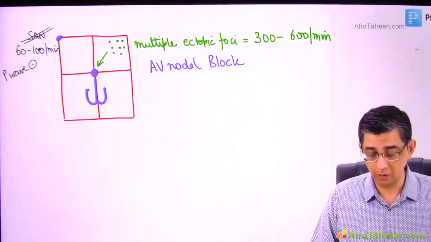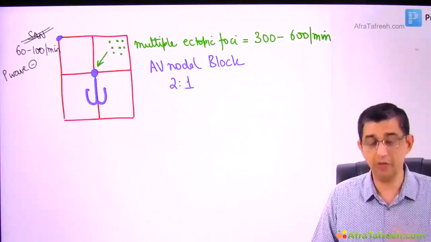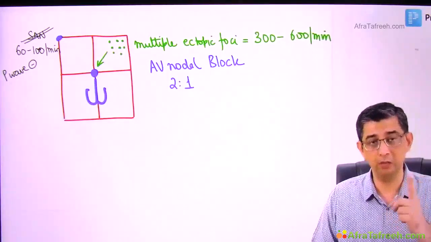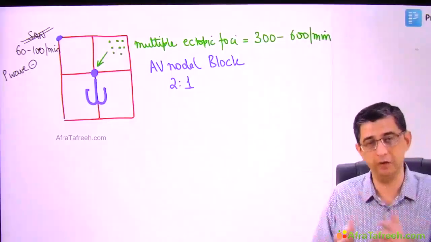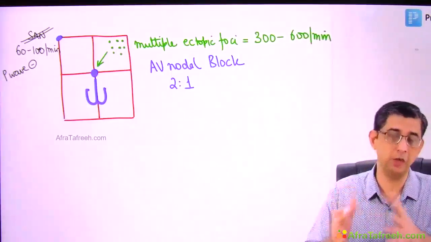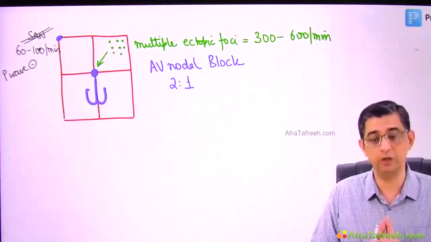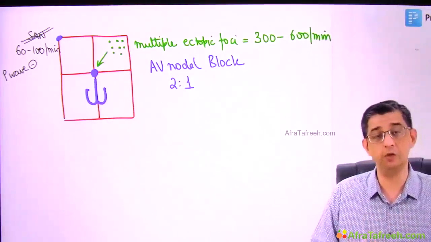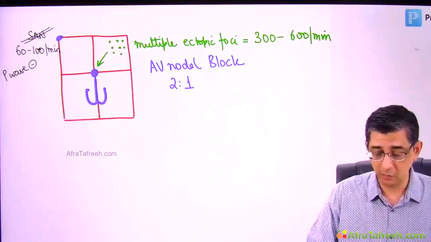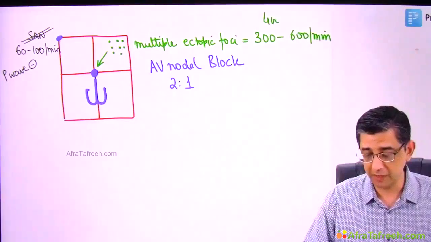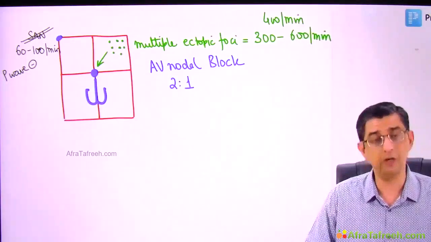So an AV nodal block of 2:1 basically means that for every 2 penalty shootouts, one time the striker will be able to make a goal, but one time this goalkeeper AV node will be able to bounce off the impulse. Suppose the ectopic foci are firing at a rate of 400 times per minute, a huge value.